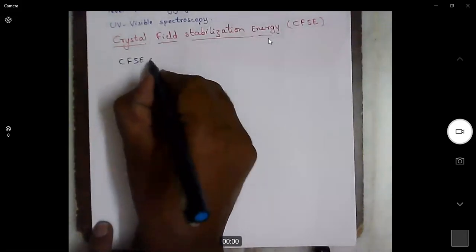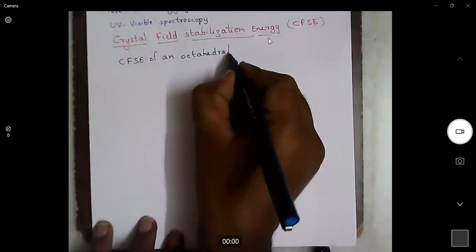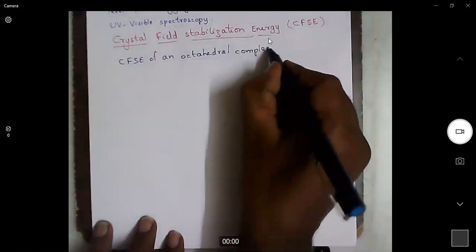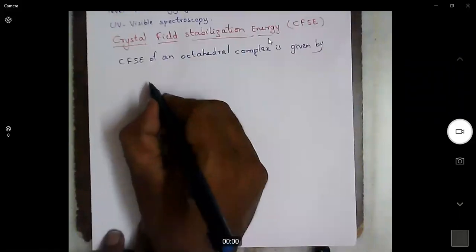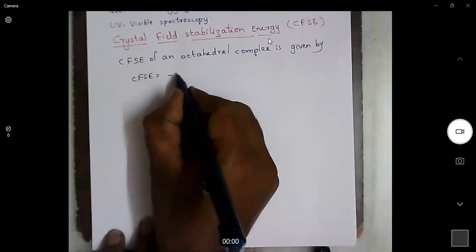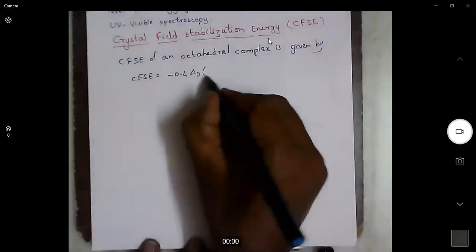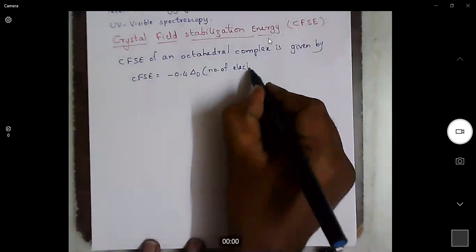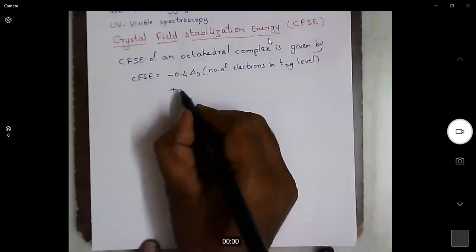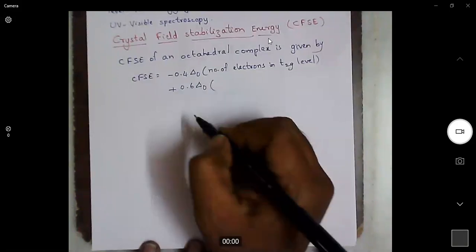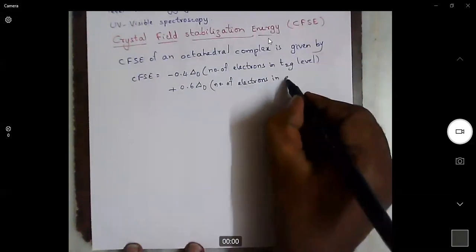CFSE of an octahedral complex is given by CFSE is equal to minus 0.4 delta naught, the energy level of T2g orbitals, multiplied by the number of electrons in T2g level, plus 0.6 delta naught, the energy of Eg level, multiplied by the number of electrons in Eg level.